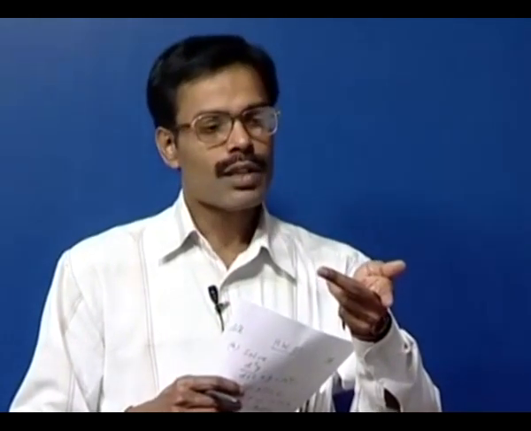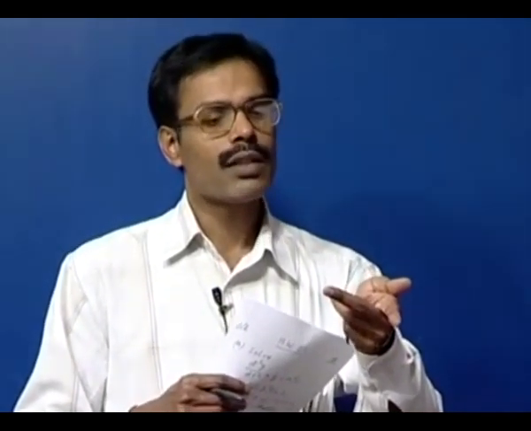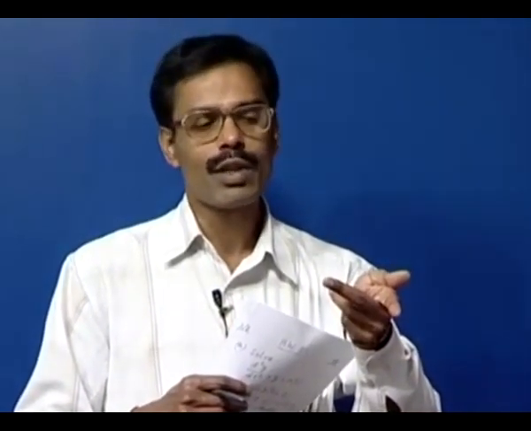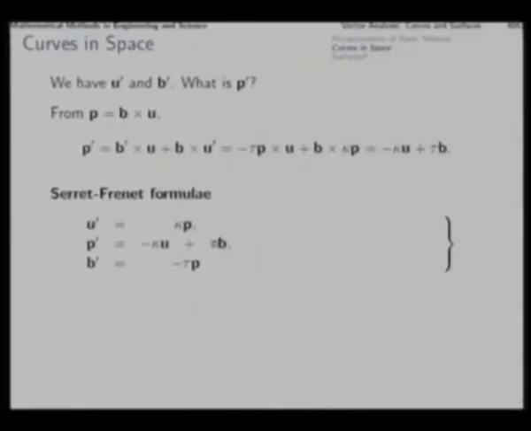As you know that next point along the curve and the u, p, b vectors at that point, and again you know kappa and tau as functions of s, then at that new point you can again completely determine the right hand side and keep on determining the next point and the next triad u, p, b, the next Serret-Frenet frame, and this way you can continue along the entire curve.